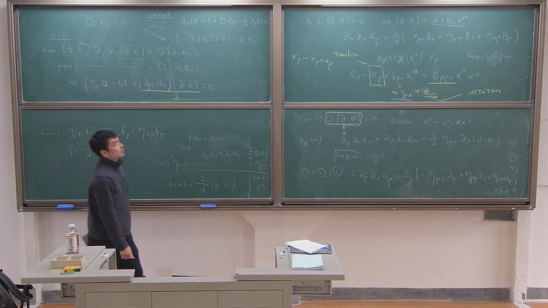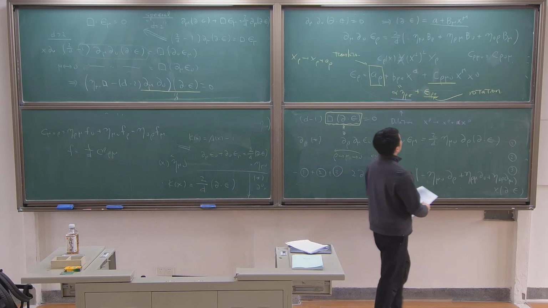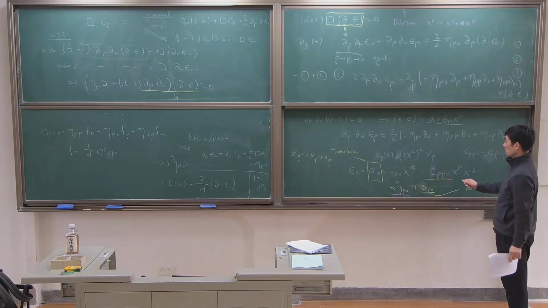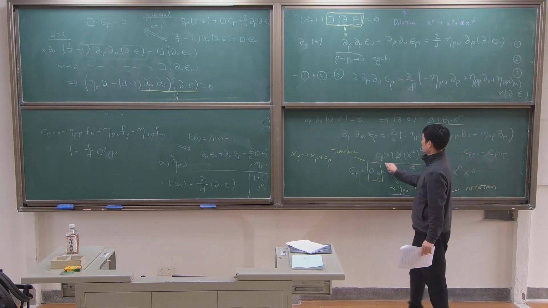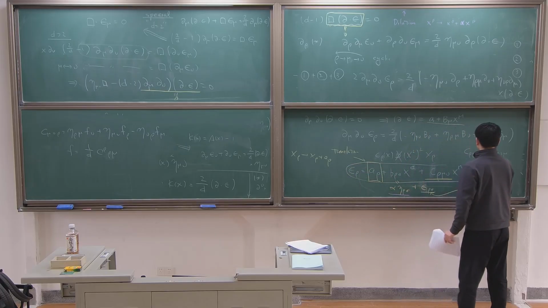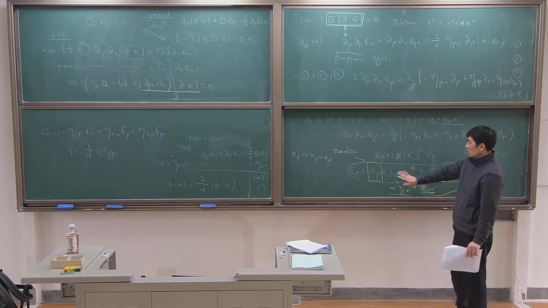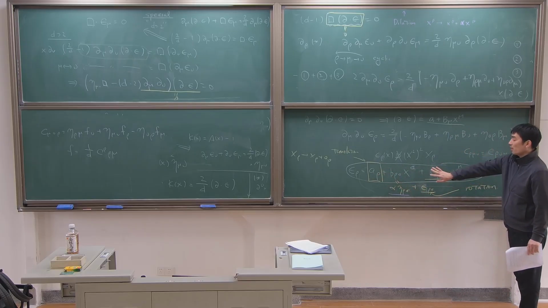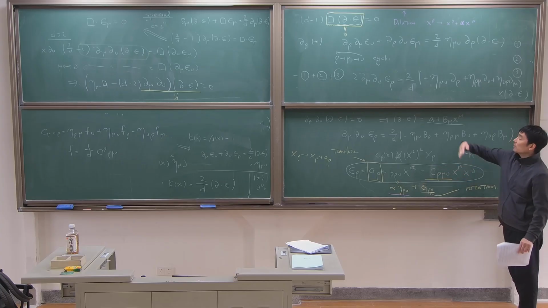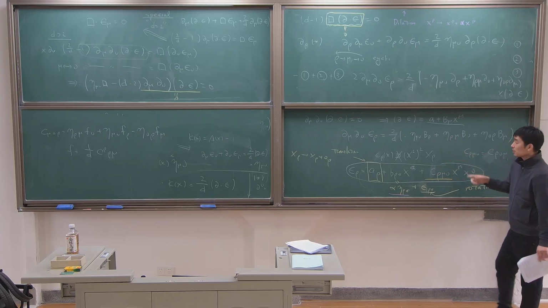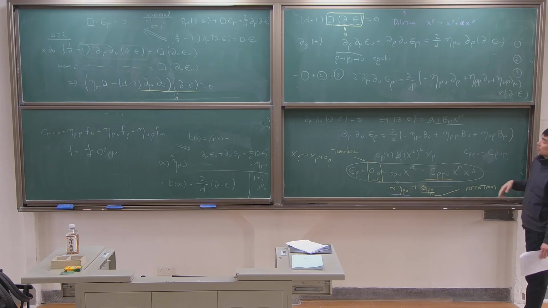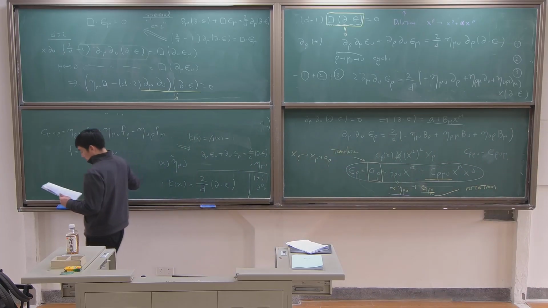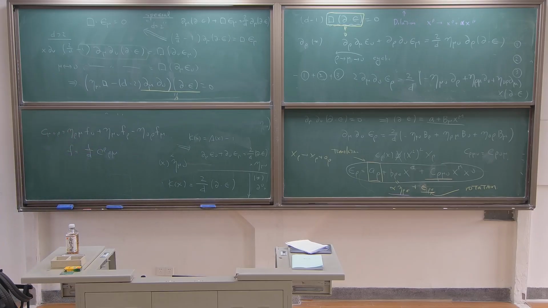So plug this one in, and of course you set a and b equal to 0, and just do the computation. You get this one.